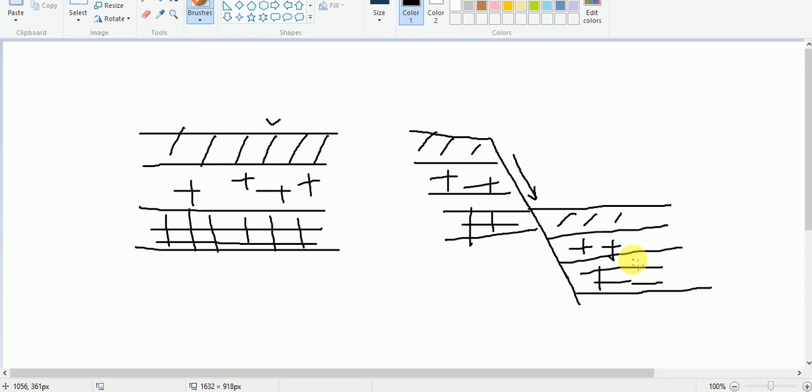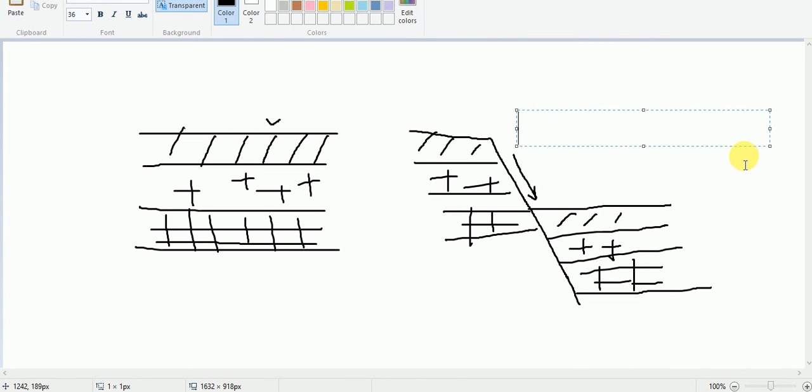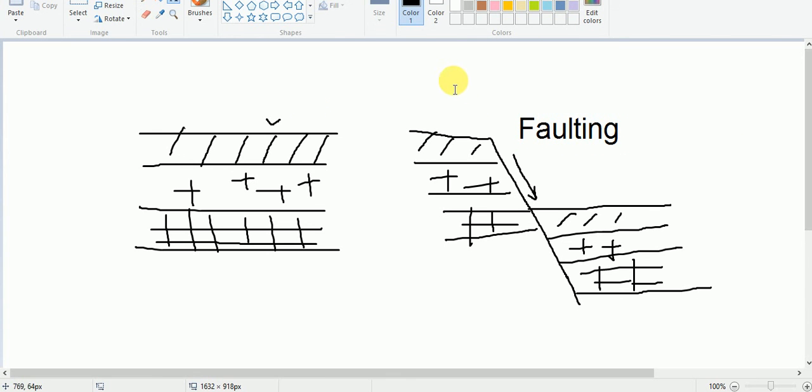This process is known as faulting, and it is caused by the tensional forces among the rocks.